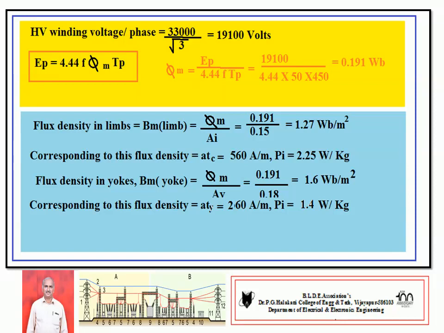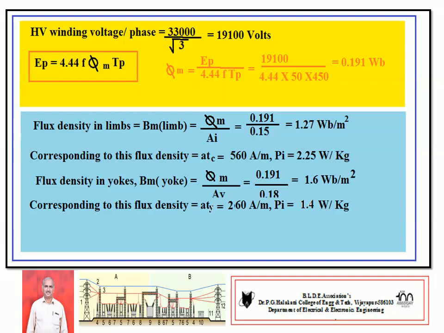Similarly, you can go for flux density in the yoke. The flux density in the yoke, Bm yoke, equals the flux in the yoke divided by the area of the yoke: 0.191 divided by 0.118. So we again get 1.6 Webers per meter square.